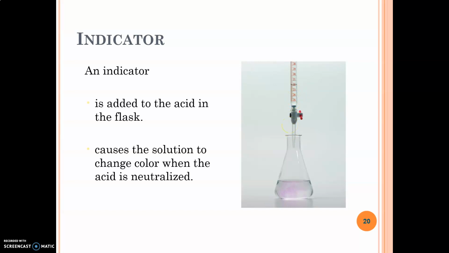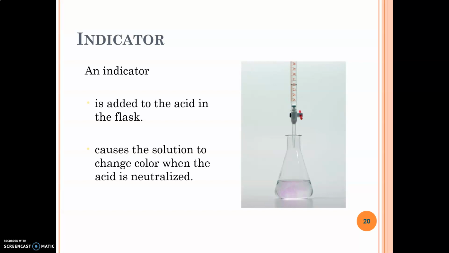And after each drop, you have to shake the conical flask to make sure that it's completely mixed. Okay, so for example, here you have an acid and here's a drop of indicator, and you can see that it's turning pink or red, right? So when you add a drop, you will feel that the color is almost gone.